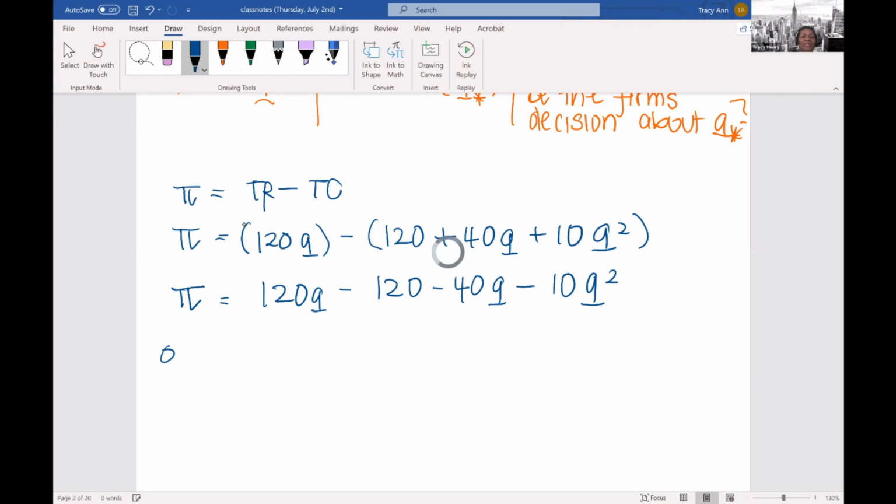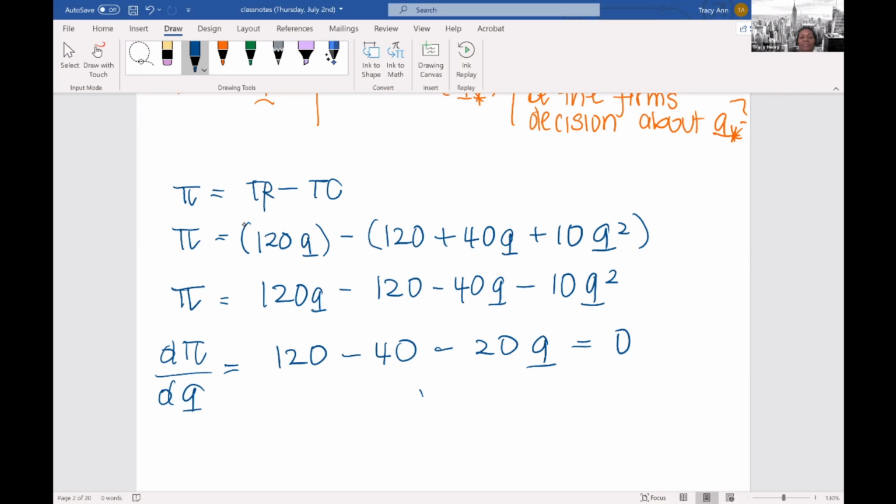I find the derivative of my profit function with respect to quantity, and I set that equal to 0. So my Q star has to be equal to 4. So I find Q star equal to 4.